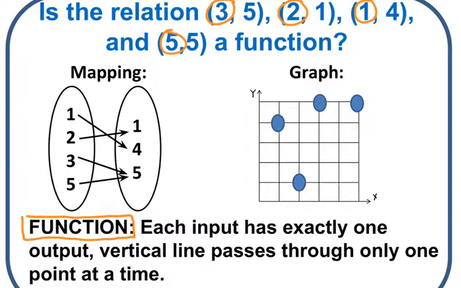So we essentially ignore the y values and we just focus on that each number only has one arrow. Okay, so because each number only has one arrow, that would be a function. And then when I'm looking at a graph, if each x value only has one coordinate on it, then it's a function.